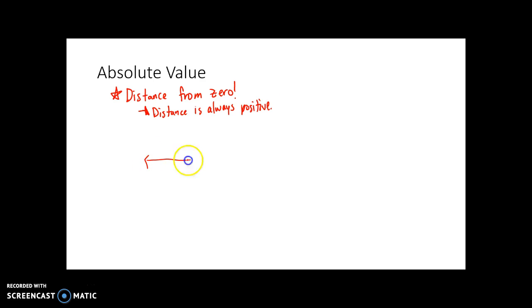So if I think about this on a number line, and let's say 0 is right here, positive 32 is over here, negative 32 would be over here. Okay, so positive and negative numbers on a number line, but if I'm strictly talking about the distance from 0, well, the distance from 0 to positive 32 is 32.